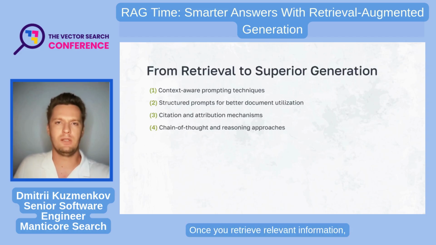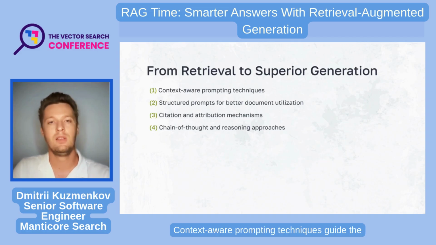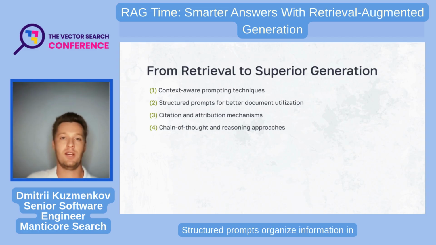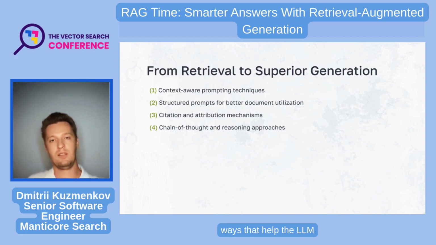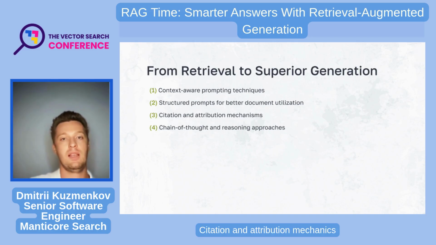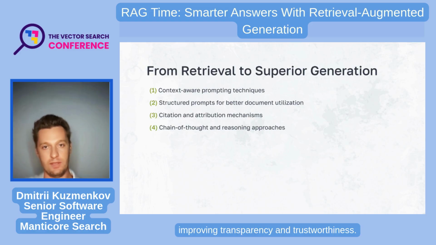Once you retrieve relevant information, how you present it to the LLM matters. Context-aware prompting techniques guide the LLM in using the retrieved information effectively. Structured prompts organize information in ways that help the LLM understand what's more important. Citation and attribution mechanisms encourage the LLM to reference sources, improving transparency and trustworthiness.